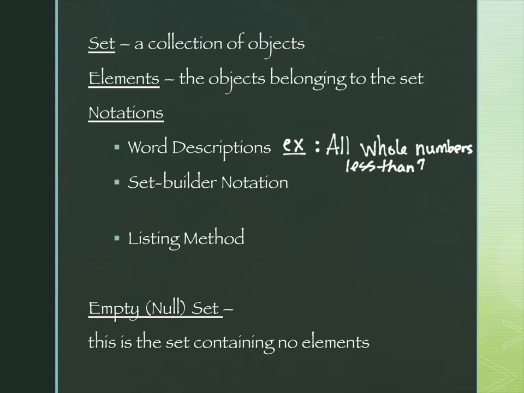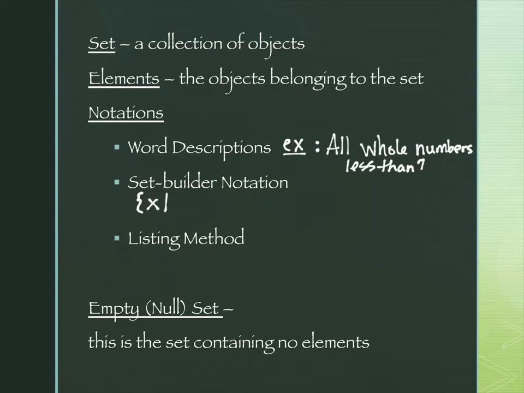Set builder notation writes things out in the most abstract way. The verbal descriptions are more like you're looking at something in English, so this one looks pretty abstract. It starts with a curly brace, and you're going to put an x and you're going to put a bar. We'll talk about what all of it means. Then there are two different options that can happen next.